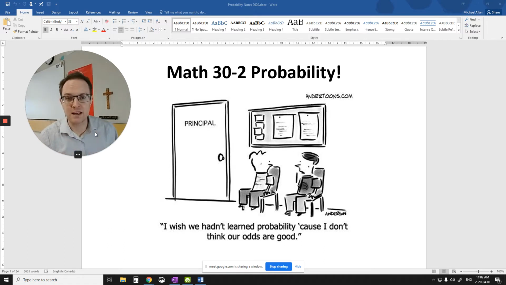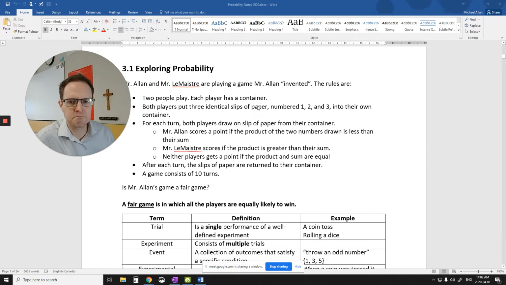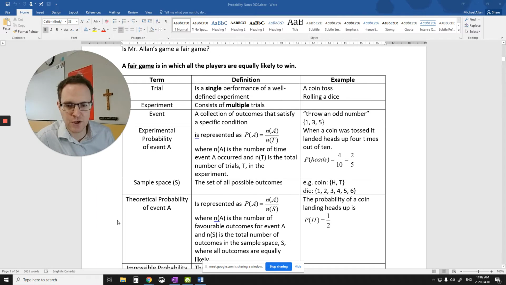If not, that's okay. I'll give you questions online anyway. That's why these are all tied together as one unit. So in probability, we're exploring, obviously, the probability of an event happening. And then on this page, we have a bunch of terms we're going to go over.